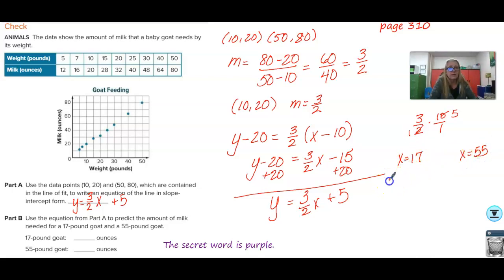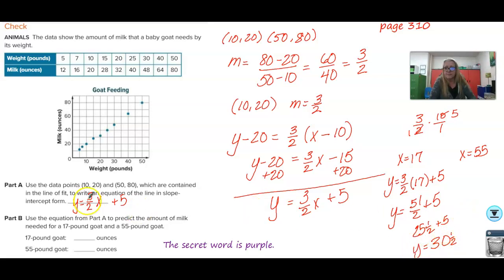All right, so we would have y equals 3/2 times 17 plus 5. 3 times 17 is 51. y equals 51/2 plus 5. And 51/2 would be 25.5 plus 5. So 30.5.